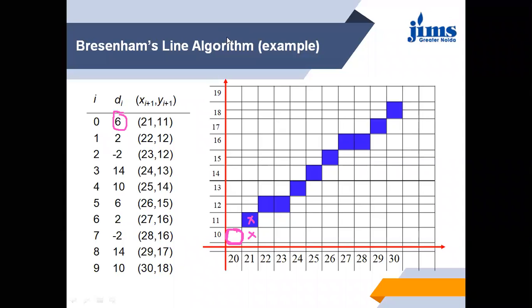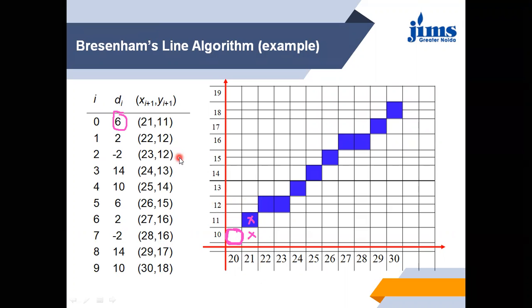Our first pixel was 20 and 10. So the next pixel is 21, and I have to find the value of yi plus 1. So this is 11. When I increment the value on the x axis by 1, that is 21 plus 1 is 22, then I find the value of y.